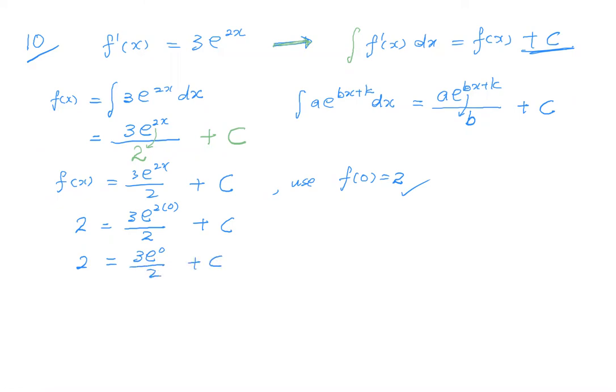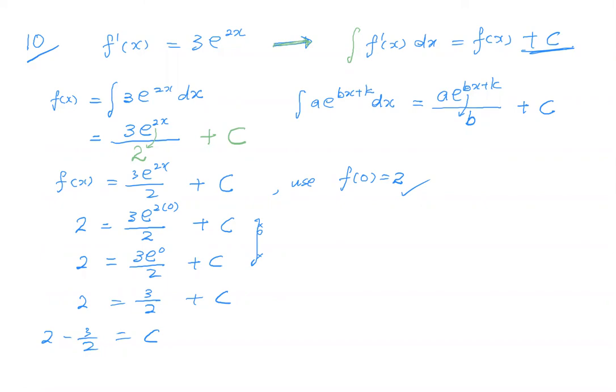Those who know already, you don't even have to write this step or this step. You can straight away write this step. It's fine. I purposely write these 2 steps to explain to you how I get 3/2 there. So your c will be 2 minus 3/2.